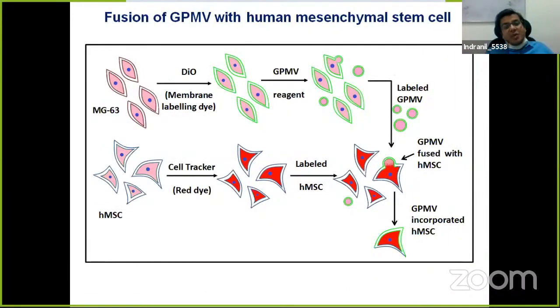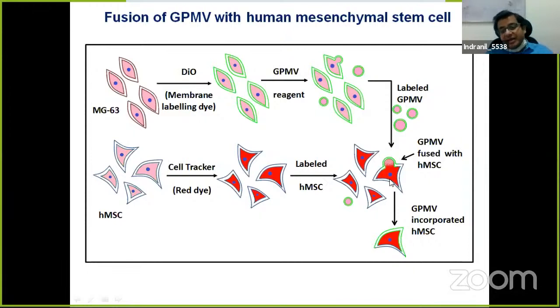Now our next job was to find out whether this GPMB can be used as a therapeutic cargo or not. So we thought to generate GPMB from one cell, that is our osteoblast, and try to fuse it with another cell. For this purpose, we stained our GPMB producer cells green with a membrane dye, and then stained our HMSC with another dye, red, and then let them fuse.